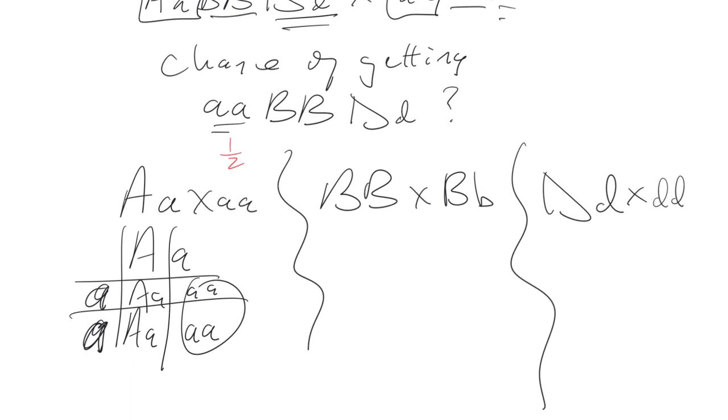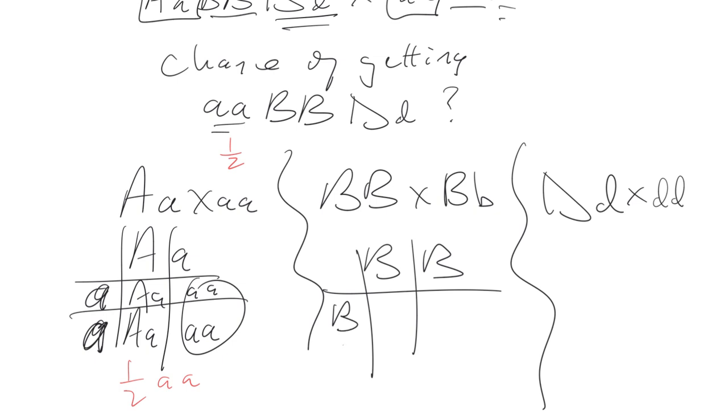Okay, let's do the same thing with this one. Okay, so I'm doing genotypic ratios, okay? So big B times big B, little b.